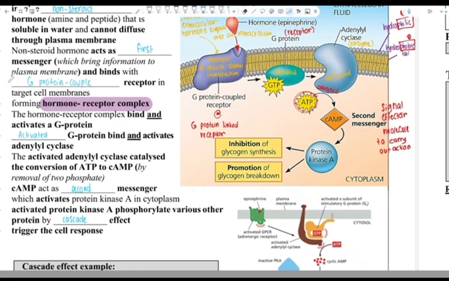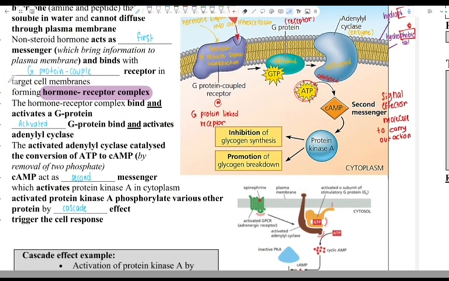Okay, so second messenger ni fungsinya dia akan activate protein kinase A. Dia senang aja. Dia bila sudah terhasilnya hormone receptor kompleks ni dia akan activate G protein. Lepas tu activated G protein, dia akan activate enzim. Enzim ni pula dia akan catalyze cAMP, dan cAMP ni dia akan activate protein kinase A.